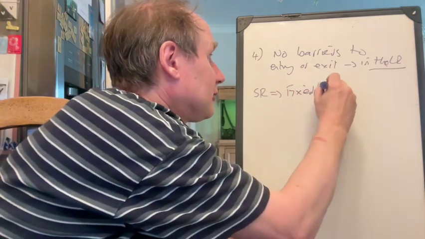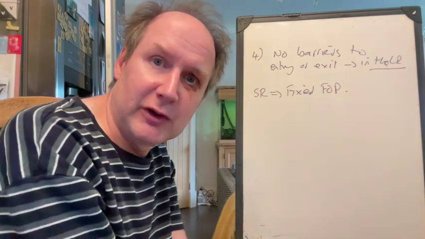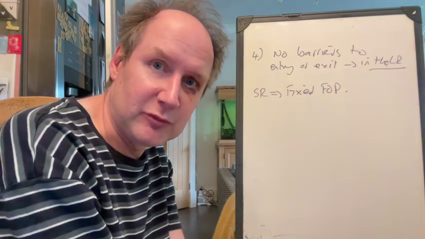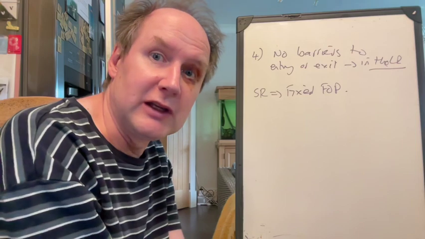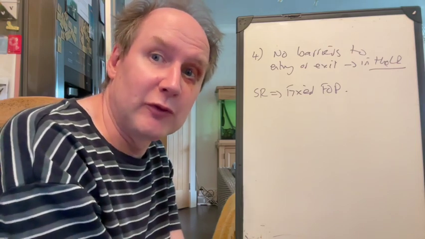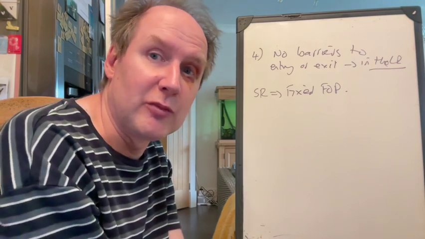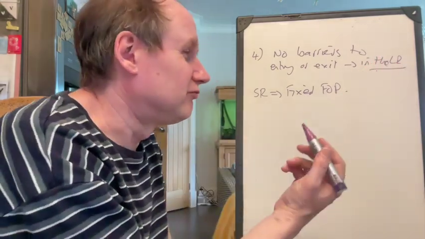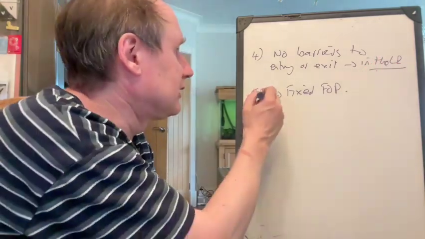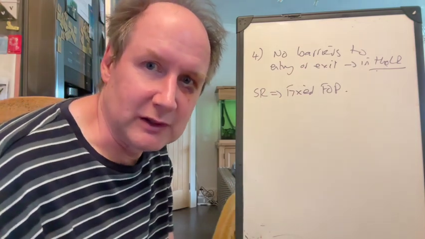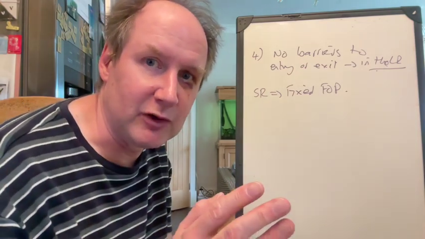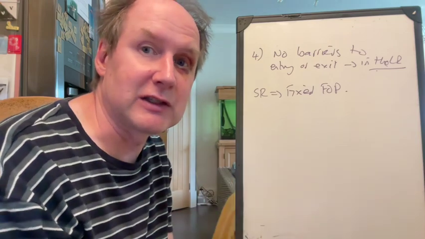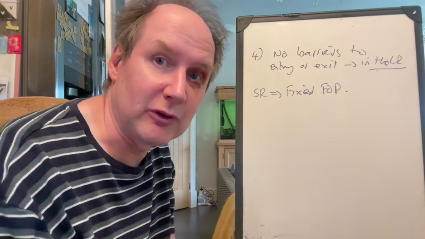If there's a fixed factor of production, you can't enter a market because you don't have that factor of production in the short run. In the long run, it's freely available. So the fourth assumption is quite right, there are no barriers to entry or exit, but you should clarify that by saying that that's in the long run. It's not that important, but the point is, in the short run, there is always a barrier to entry in every market structure. So it's only as time passes, when we enter the long run, that there are no barriers to entry.